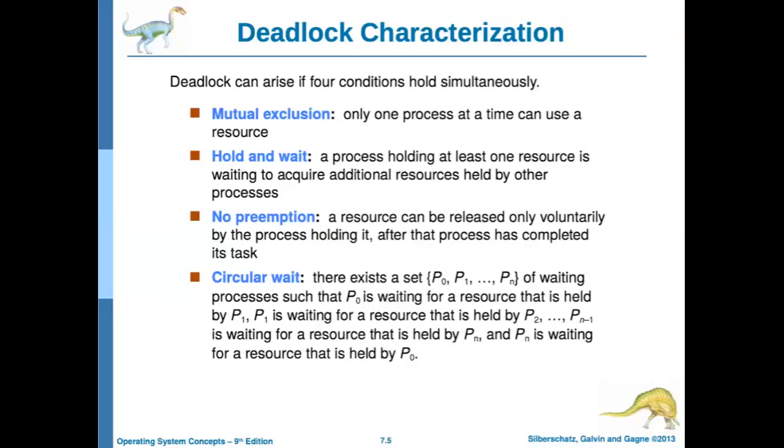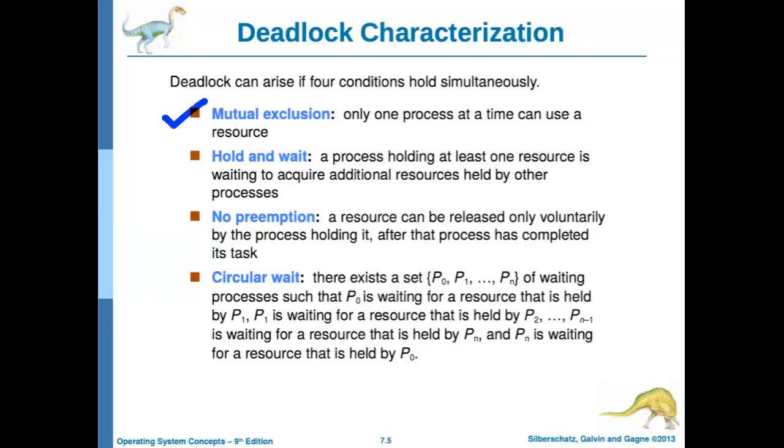One of the possible conditions or reasons for deadlock to arise is mutual exclusion. Whatever resources are there in the system, they must be used one after the other. Only one process at a time can use the resource. That is called mutual exclusion.